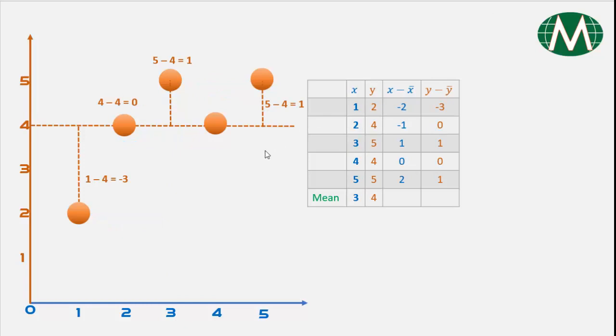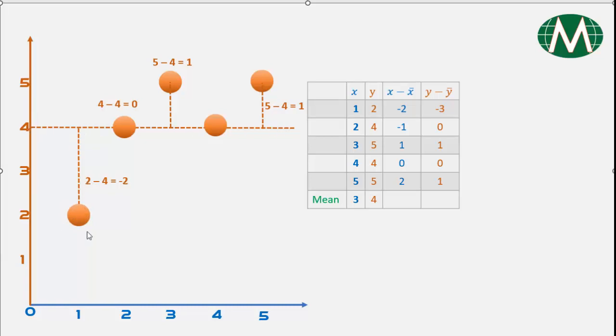In a similar way, we have calculated y minus y bar, that is the deviation of the y value of each data point from the average of y. The y value of this data point is 2, and the average of y is 4, so 2 minus 4 is minus 2.